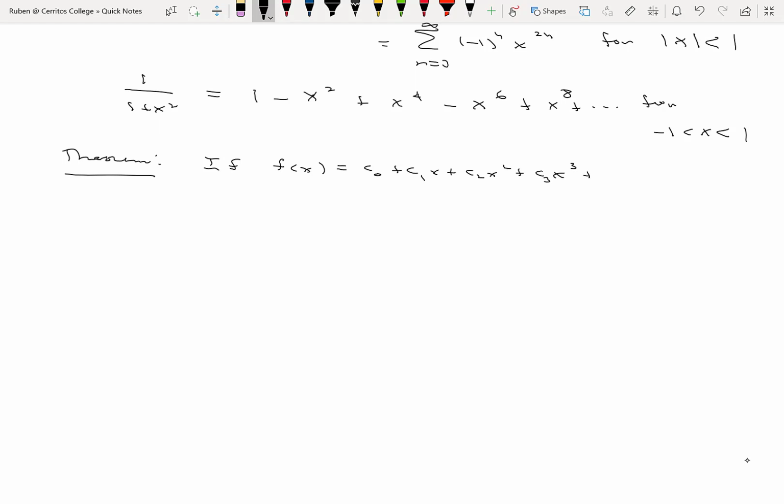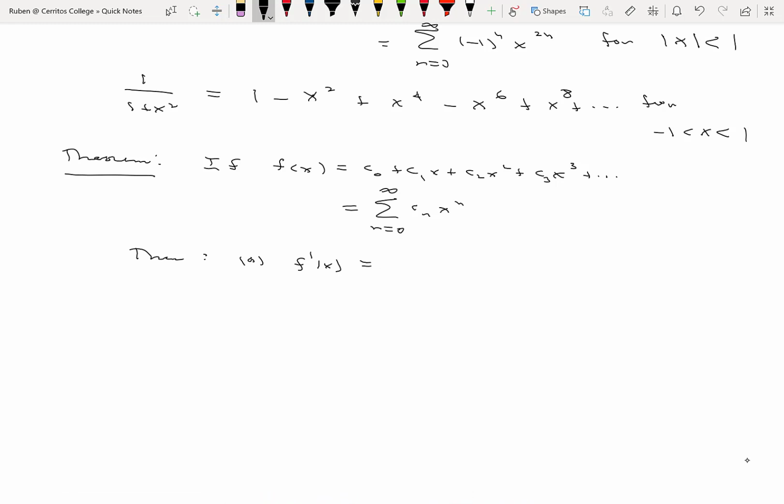So f of x is given by some power series, or equivalently in sigma notation form, c sub n x to the n, n goes from 0 to infinity. Then we get two conclusions. Then a, f prime of x is, and to get f prime of x, I can differentiate the terms in the power series term by term.